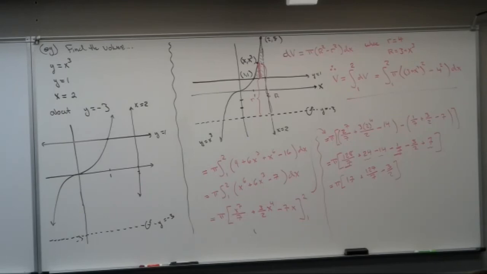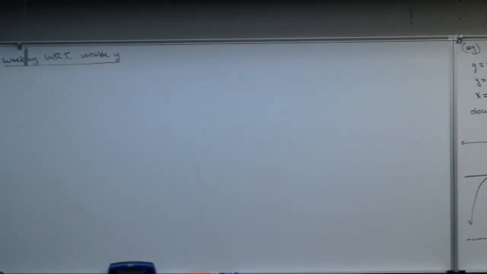So WRT means with respect to. These problems can also be worked with respect to the variable y. And sometimes that is necessary. So in the few seconds we have before I have to run, let me set something up like that really quick.